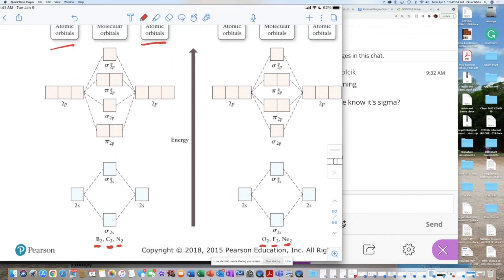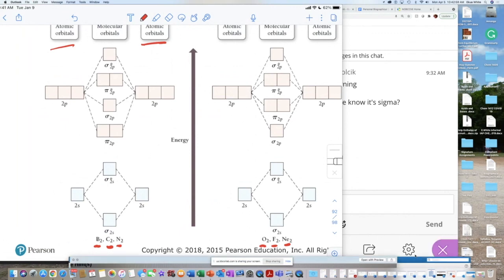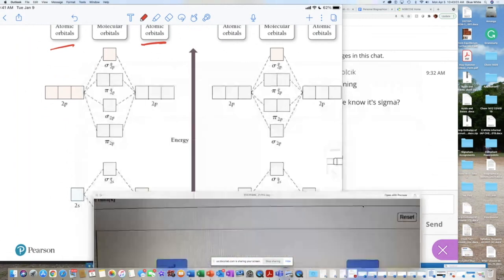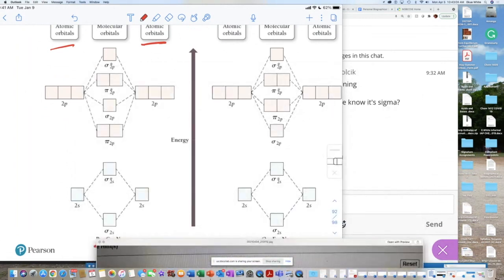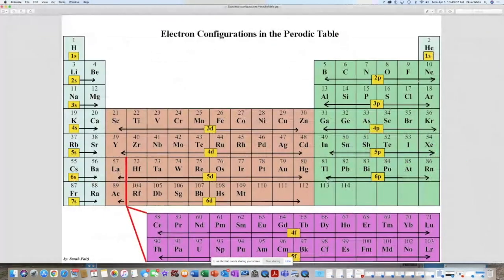So just in case you're wondering what the order is, I'm going to pull up the periodic table I have down here. Not that. Oh, is it down here? Okay. In the p block, the first three elements, boron, carbon, nitrogen, use the same bonding orbital structure to bond.